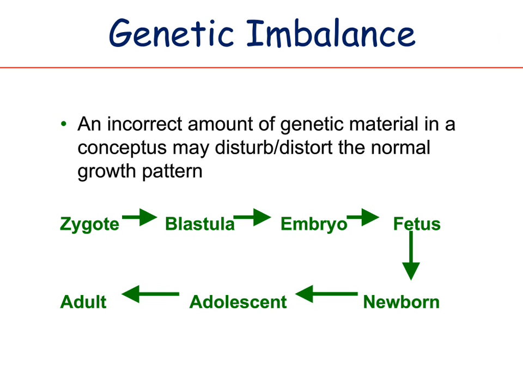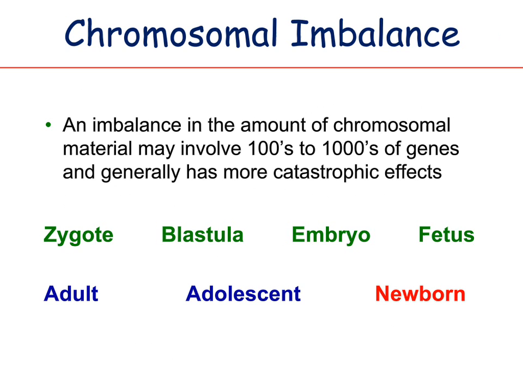However, when we talk about chromosomal imbalance, you're now talking about hundreds or thousands of genes, and this typically has a more catastrophic effect. The majority of chromosomal imbalance will have its effect in that green pathway from zygote all the way to fetus, and the majority of these are going to be lethal.